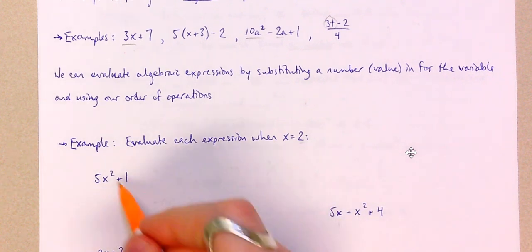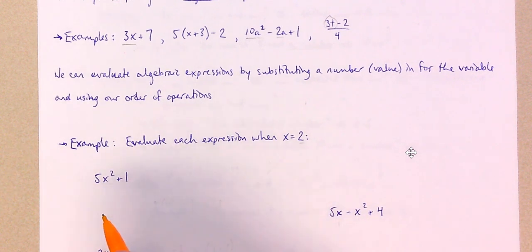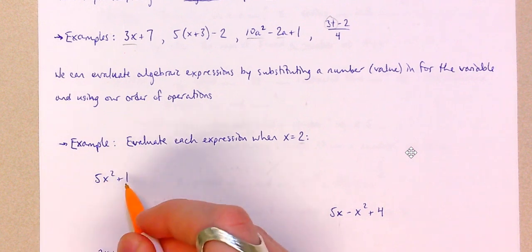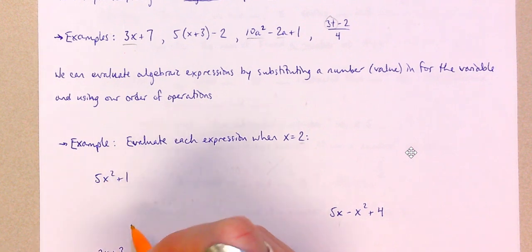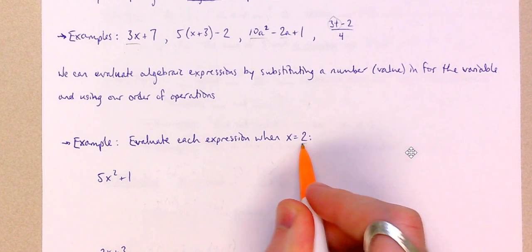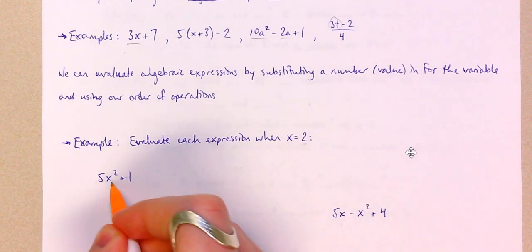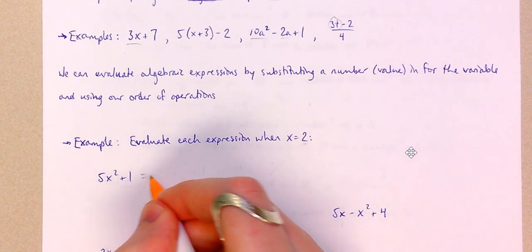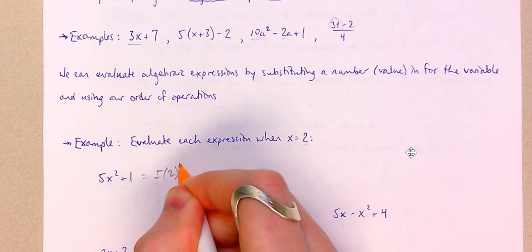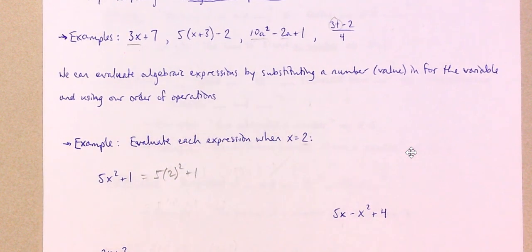Kicking it off with this first one here, 5x squared, or 5 times x raised to the second power, plus 1. I'm going to take that value of 2, and that's going to replace the x. So that's equal to 5 times 2 squared, or 2 to the second power, plus 1.